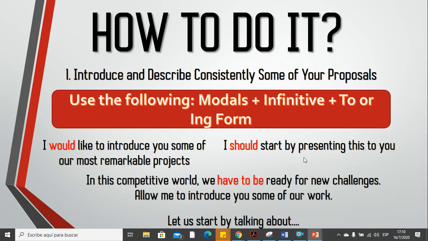So the way that we handle this is by using specifically modals. As I was saying yesterday, modals are a very specific thing that we have in English. They are actually called modal verbs because they do not belong to any particular verbal tense.